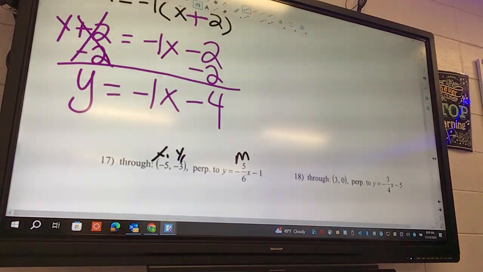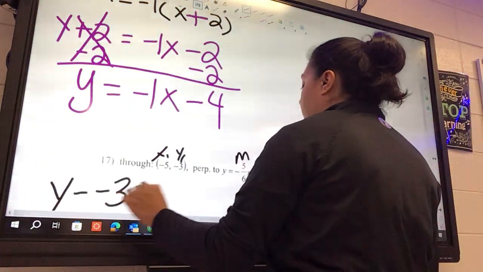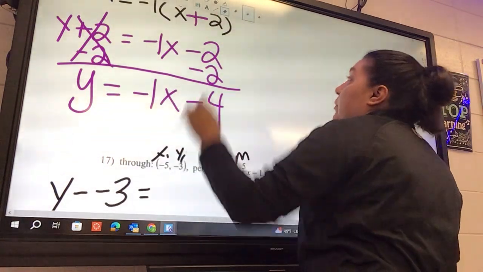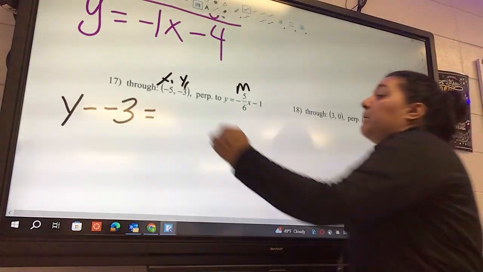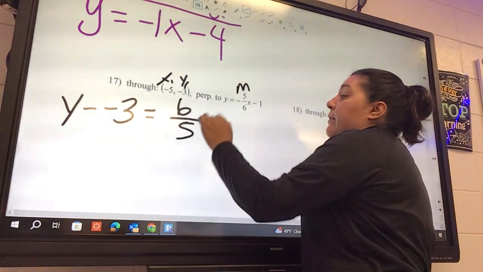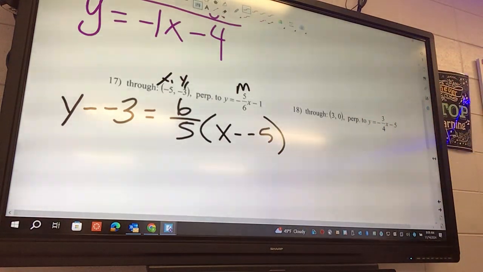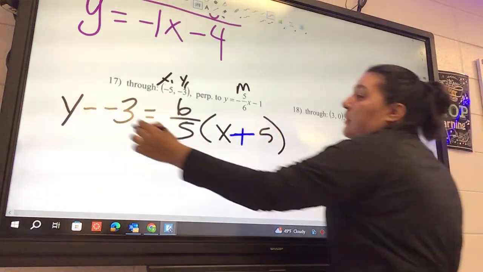Okay, 17, we're going to label x1, y1, and my m. So it's going to look like y minus negative 3 equals, what's going to be my new slope? 6 over 5, good job. 6 over 5, x minus negative 5. Okay, the minus minuses you can change to a plus.